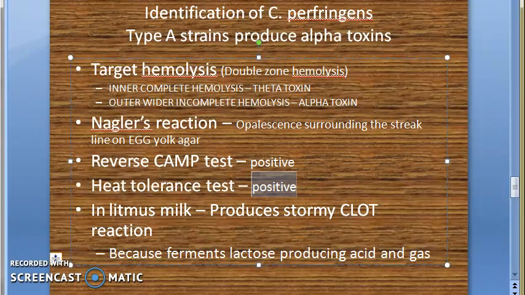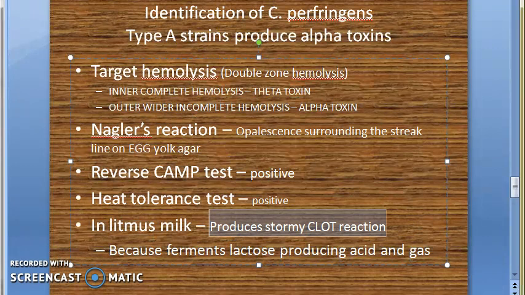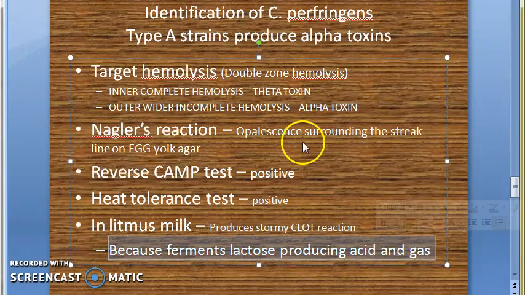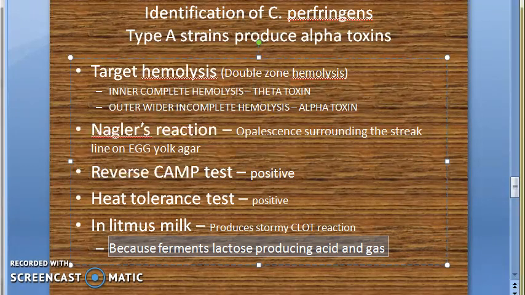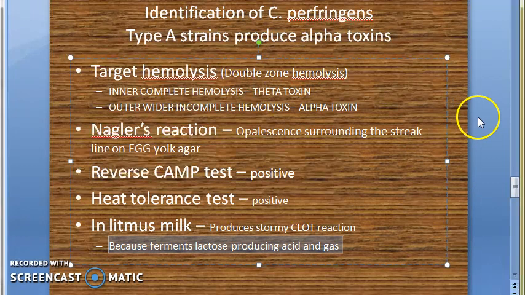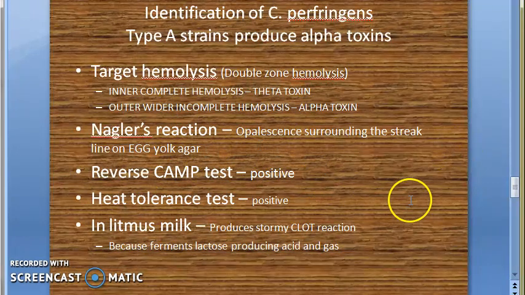Heat tolerance test will be positive because they can tolerate heat even at 45 degrees centigrade. Litmus milk, it will produce stormy clot reaction because it can ferment lactose by producing gas and acid. So 5 things we have finished in this video.